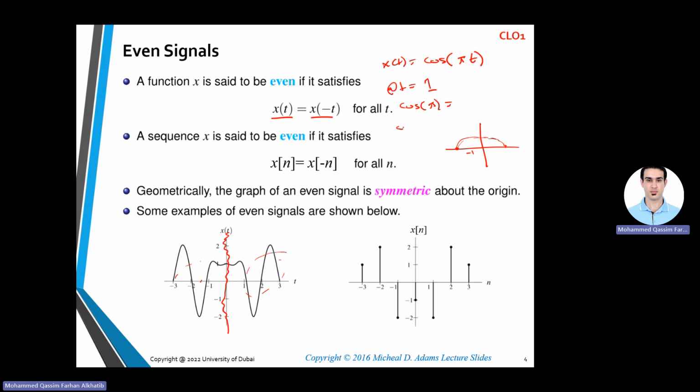Now at t equal negative 1, so I have cosine of negative pi.